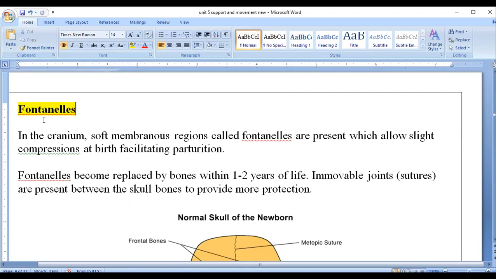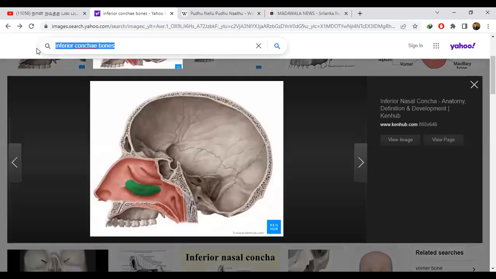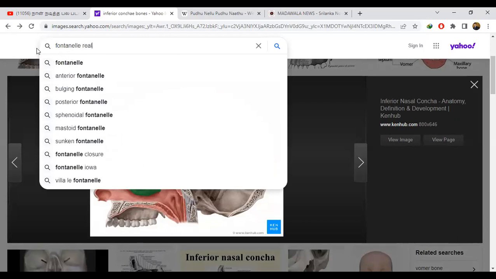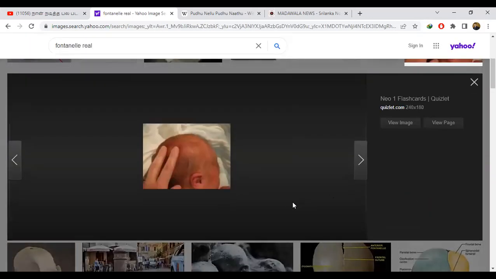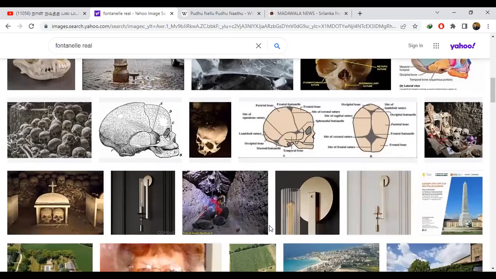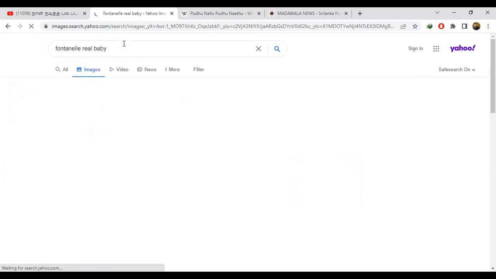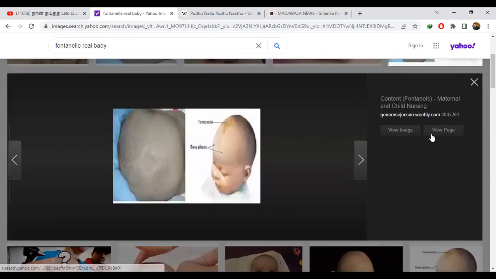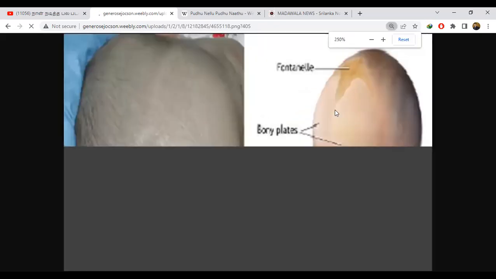Okay, when you take a small baby who is less than 2 years old and touch the place in the skull outside, you will notice certain places are very soft. Majorly, this place is very soft.